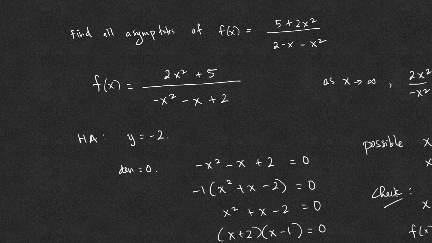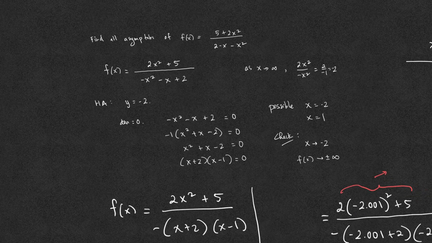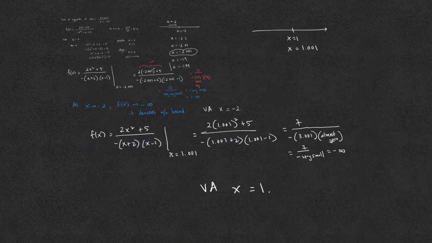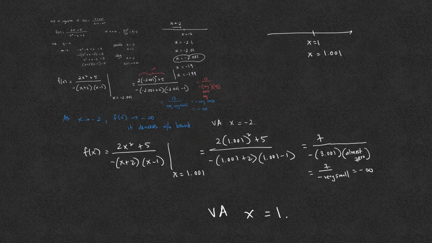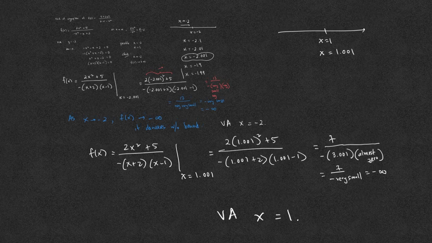If we have a common factor and they cancel out, then the zero in that common factor is not a vertical asymptote. But the only sure way to check that the zero is a vertical asymptote is that the function increases or decreases without bound, meaning it goes to infinity or negative infinity.